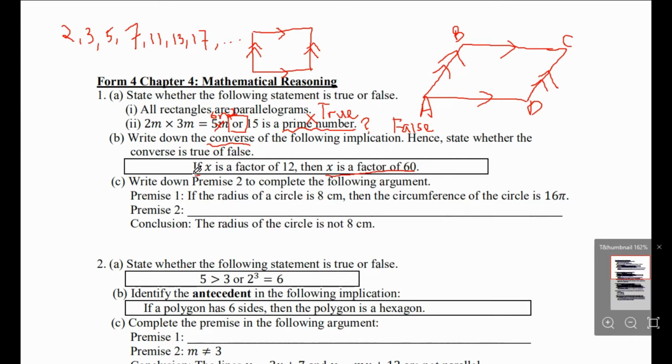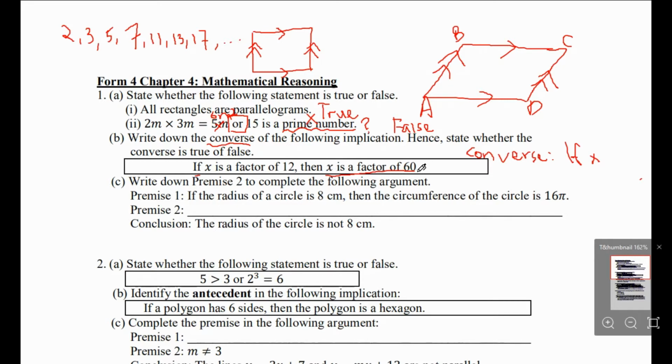Okay, I repeat. If x is a factor of 60, then x is a factor of 12. This is the converse. Okay, you have to write down the converse. Then you have to state whether the converse is true or false.